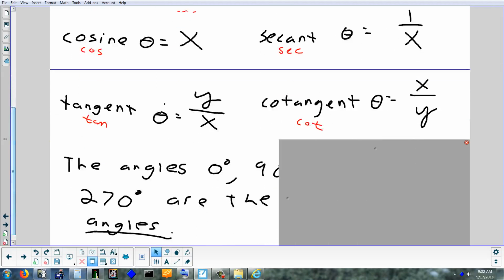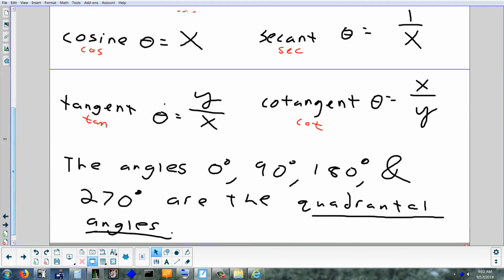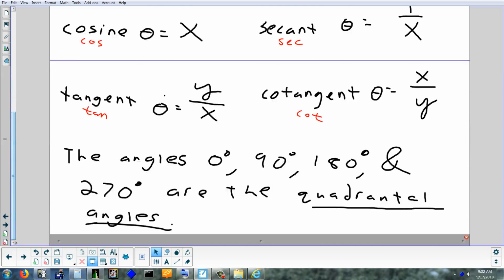All right, so now the 4 angles that we've worked with so far, the 0, 90, 180, and 270, they have a special name. Since those angles are all on the axes, and the axes divide the plane into 4 quadrants, those are called your quadrantal angles. So technically 0, 90, 180, and 270, they're not in any of the quadrants. They're all on an axis.